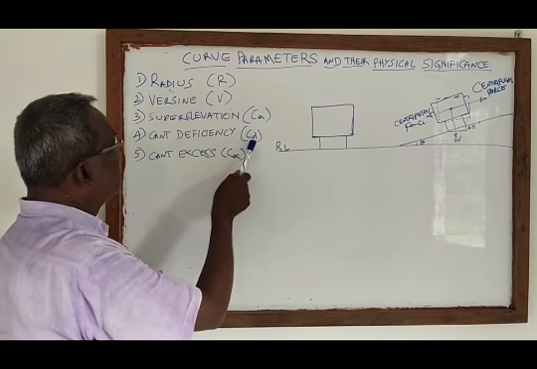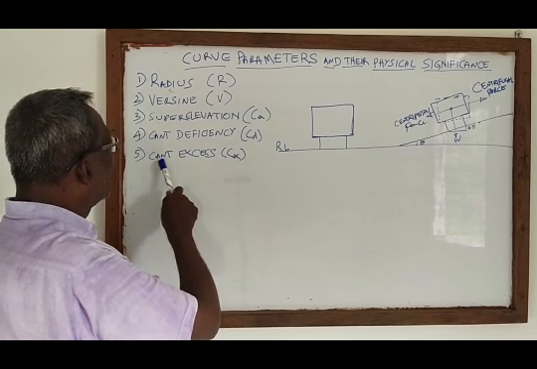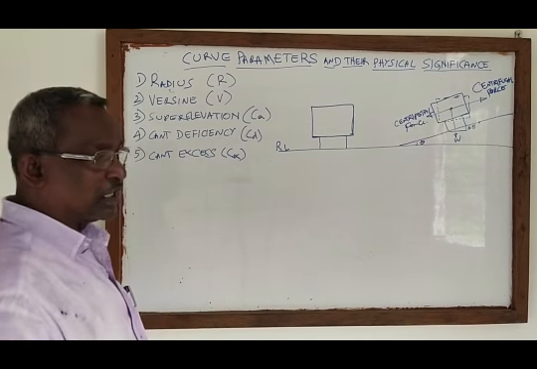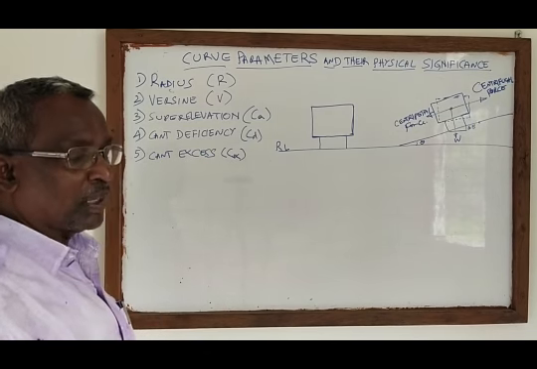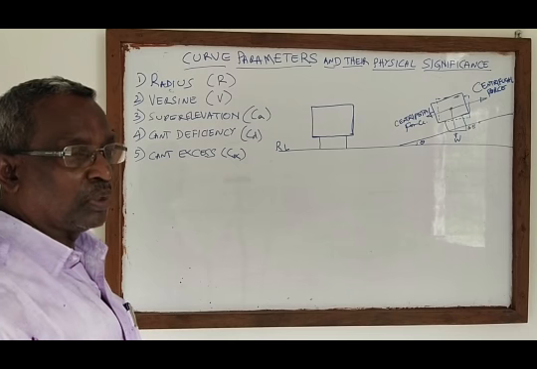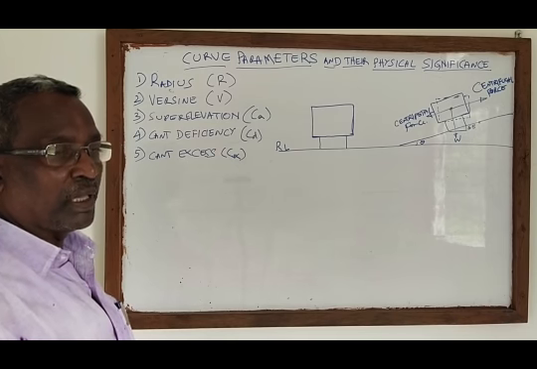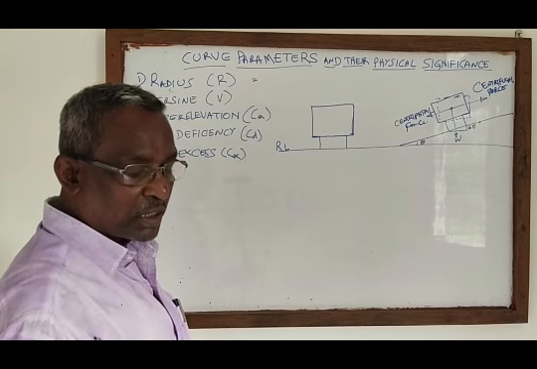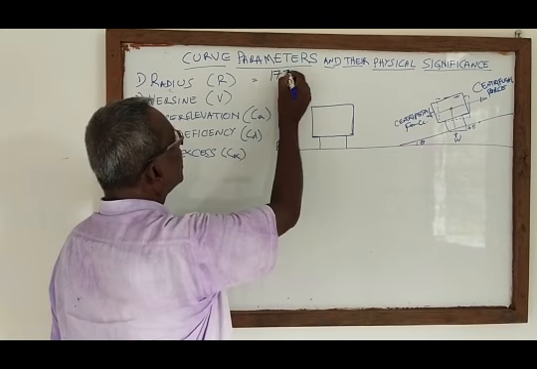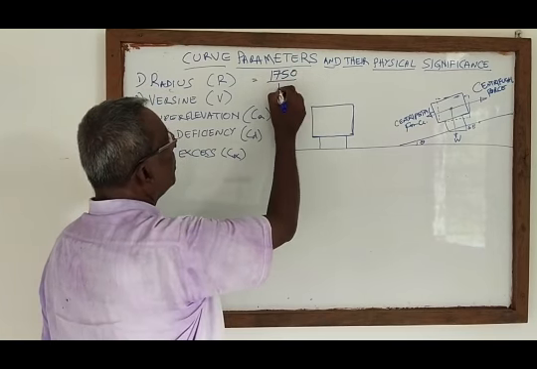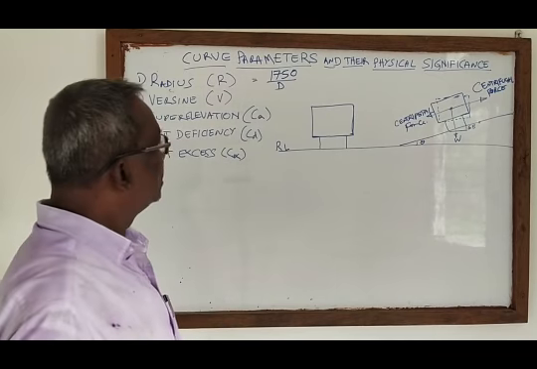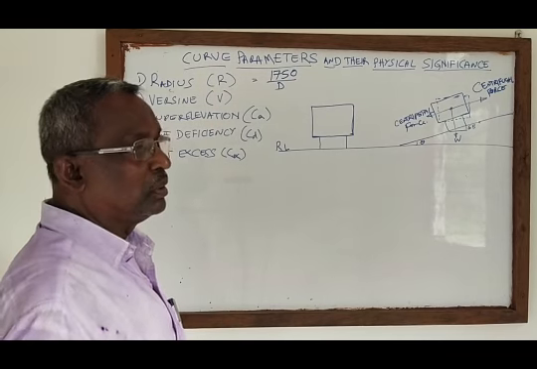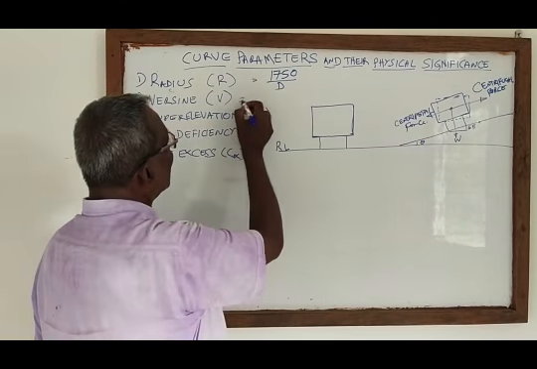Cant deficiency, CD. Cant excess, CEX. First, radius is equal to 1750 divided by D, already discussed in Part 2. Next, versine is equal to C square by 8R.